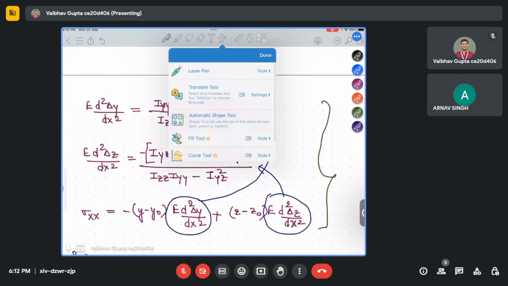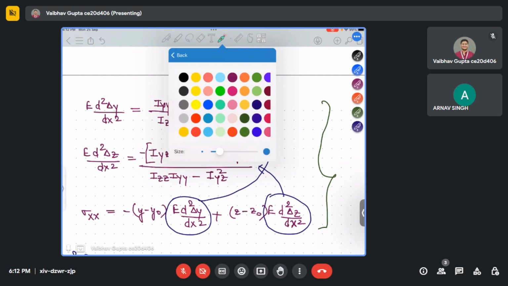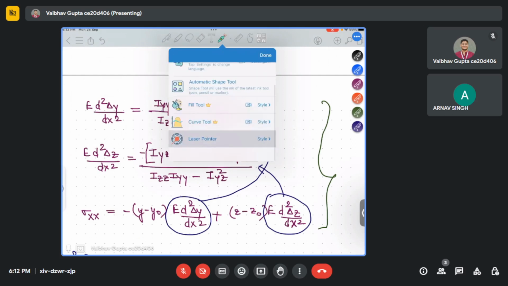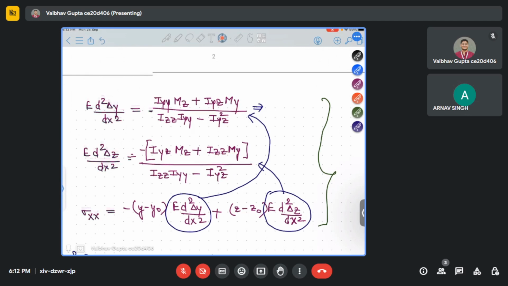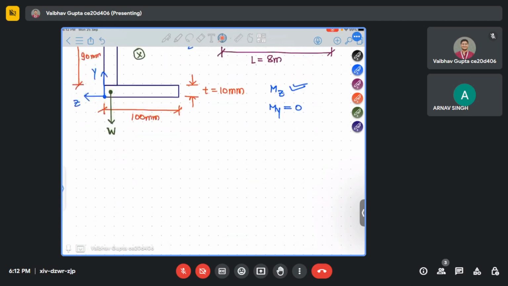So when we use these formulas as shown by the pointer, we put My as 0 because loading is not applied in the z direction. So now we'll go step by step.